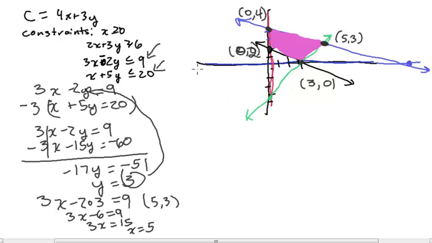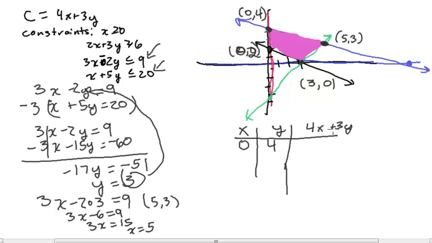Now to find the max and minimum of this function right here, I plug in the values for all of my vertices. I think I'll make a little table here. I've got x, y, and 4x plus 3y. For my first point, 0, 4, I get 12. For my next point, 5, 3, I get 29.